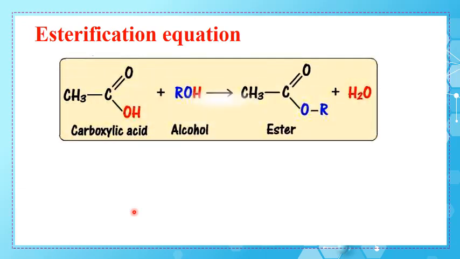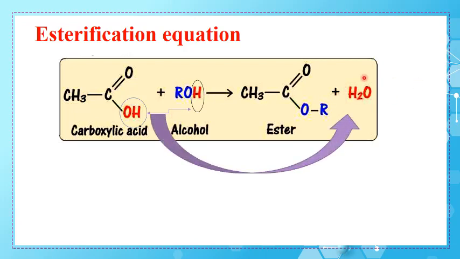What about the esterification equation? Pay attention here. Here is my carboxylic acid and here is the alcohol. Focus now on the colors used. Here is the hydrogen of alcohol and here the OH of carboxylic acid, as you can see. What will happen here? This red OH and this H here, represented by red, combine together in order to give water as a product. Now what will happen here?